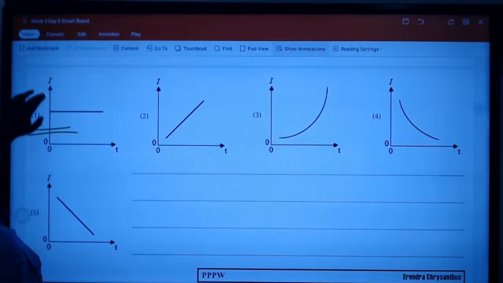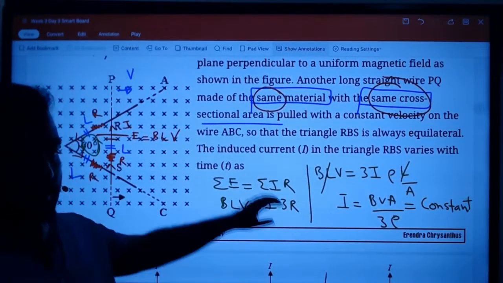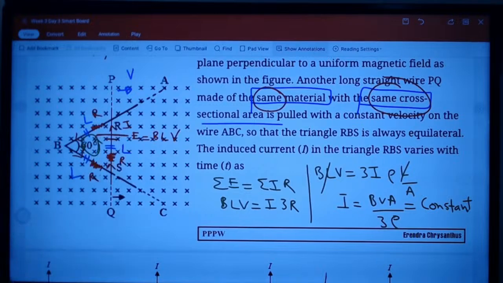Okay. The main idea is very simple here. Let's write. By applying Fleming's right hand rule, we can find the current passing through the circuit.